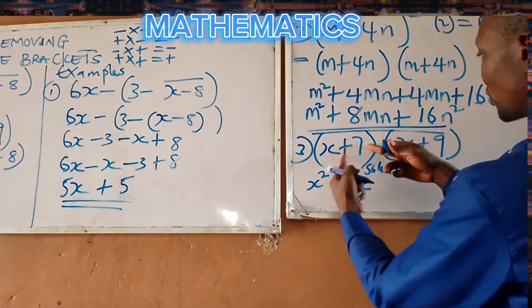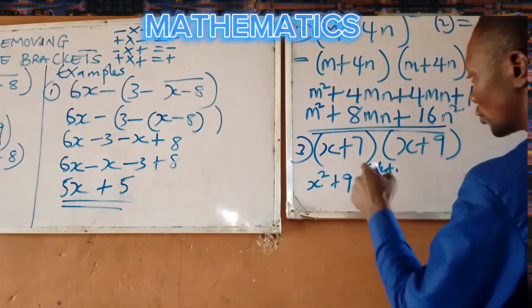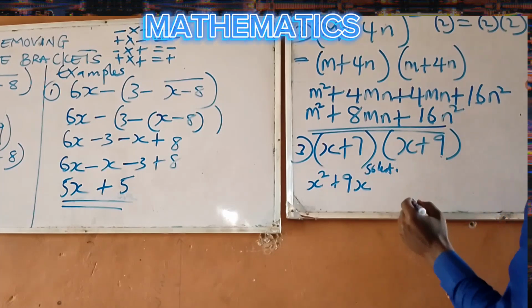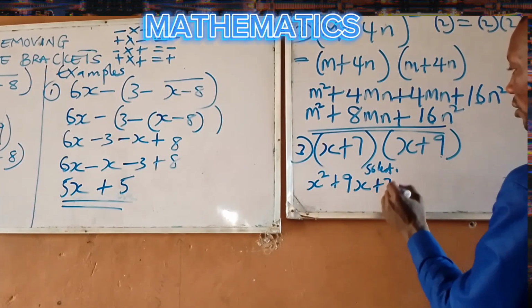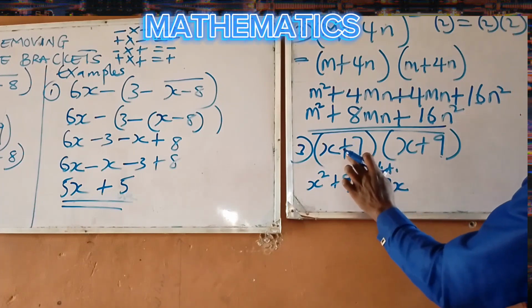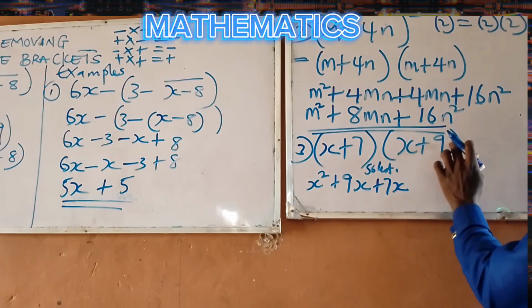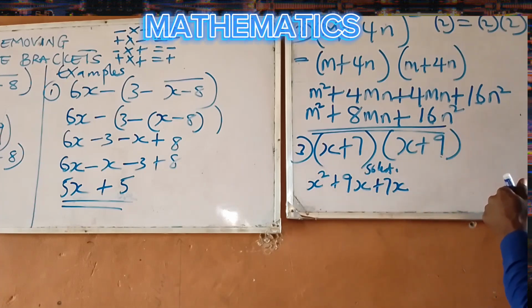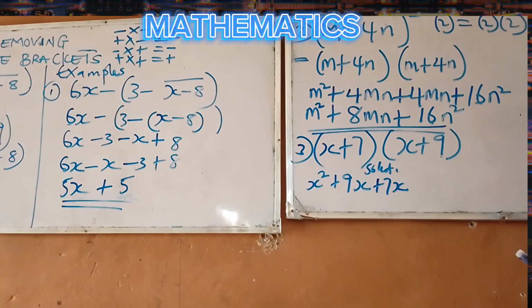You have x to multiply this, you have this. So you are having plus 7 and to multiply this bracket again. So we're having plus 7 multiplied by x, that's plus 7x. So we have plus 7 multiplied by plus 9.